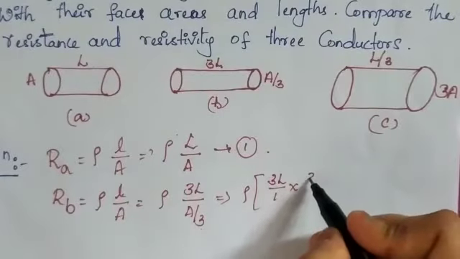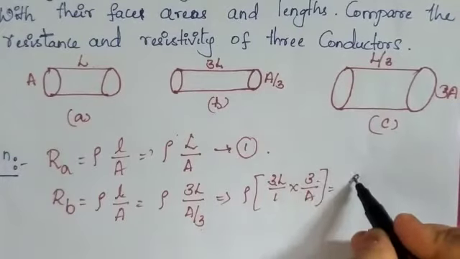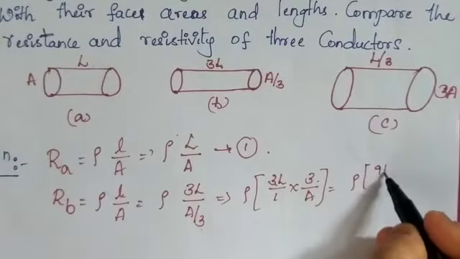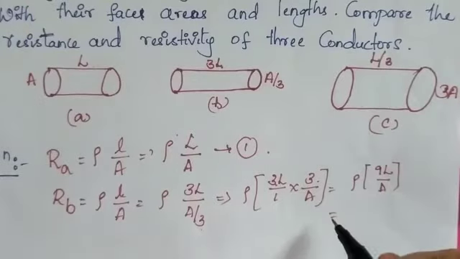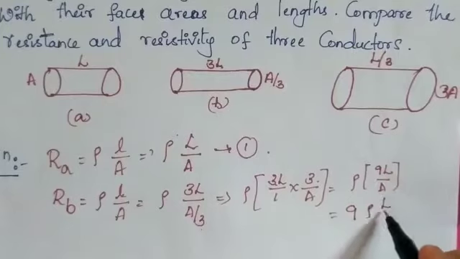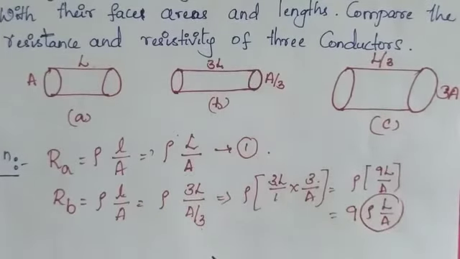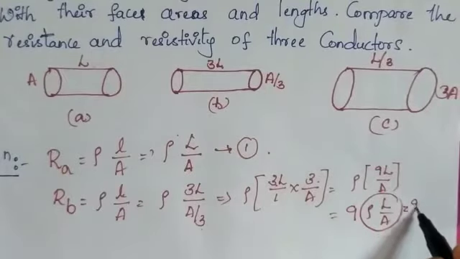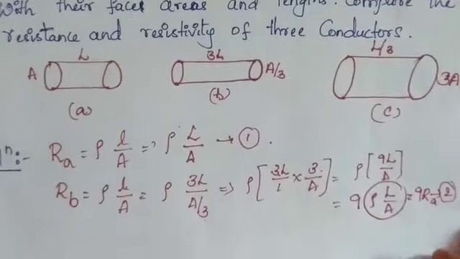When the 3 goes to the numerator, it becomes 3 divided by A, so 3 threes are rho 9L by A. I can take the 9 outside, and the formula is rho L by A, which is nothing but Ra. So I can write 9 Ra. Take this as equation number 2.